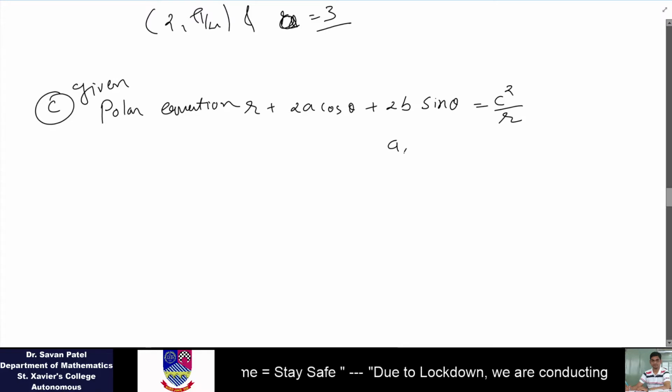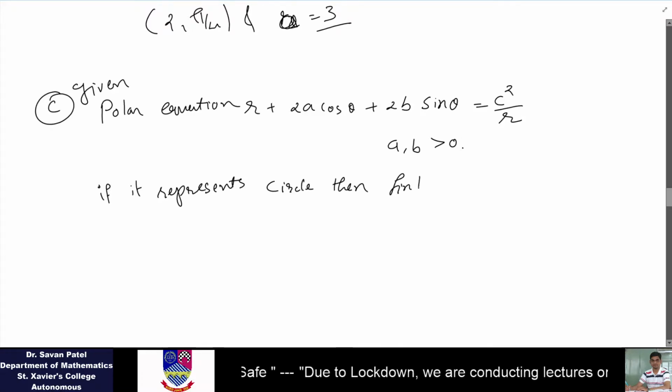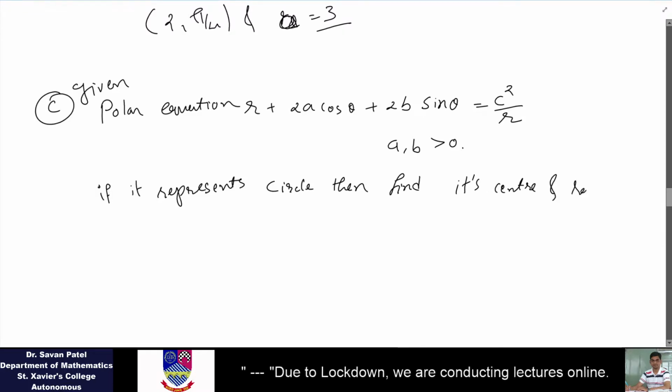Here a and b are greater than 0. If it represents a circle, then find its center and radius.